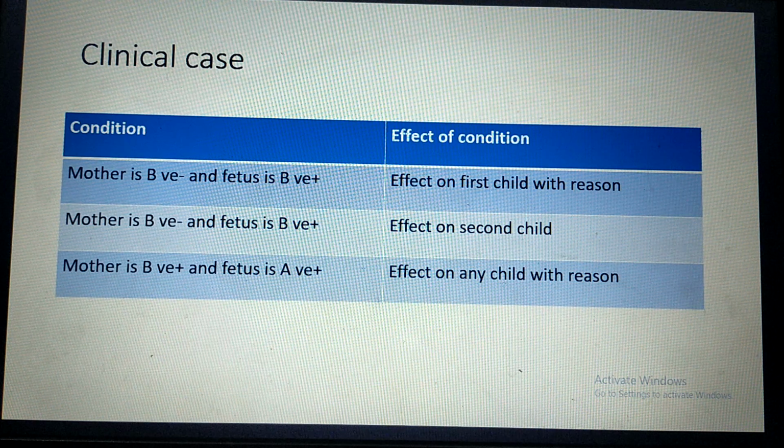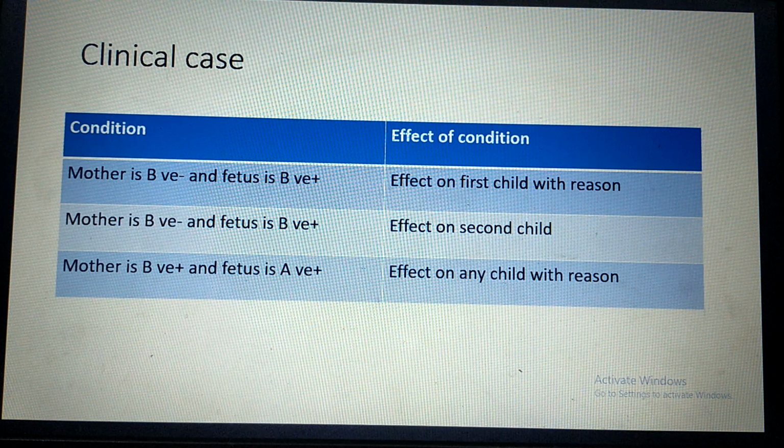Second is, mother is Rh negative and fetus is again Rh positive. What is the effect on the second child? Here, during the delivery of the first child, a small amount of blood of the fetus, in the process of labor, enters the maternal circulation, and along with that blood, Rh antigen also enters the maternal circulation.